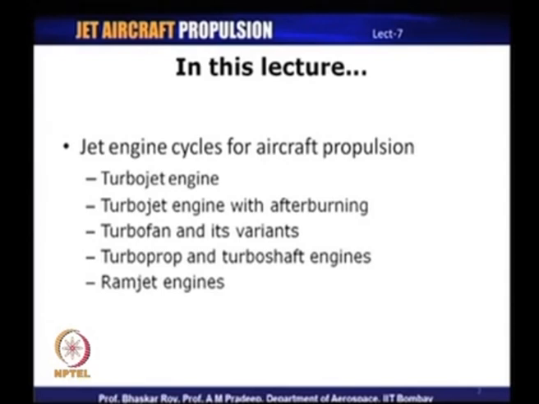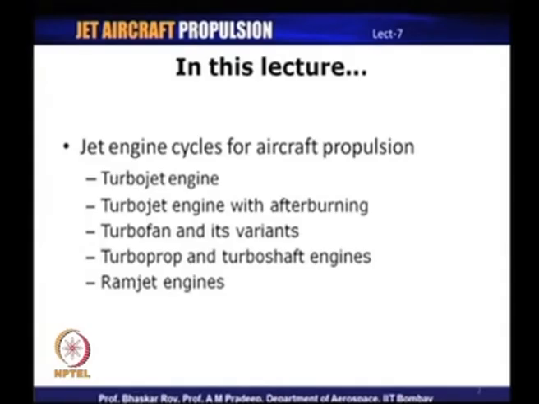Then one of the most common or basic fundamental forms of the jet engine is the turbojet engine. You have already had some introduction to turbojet engines in some of the earlier lectures. Today we will discuss the cycle based on which the turbojet engines operate. We will then discuss the turbojet engine with afterburning, and then turbofan engines and their variants.